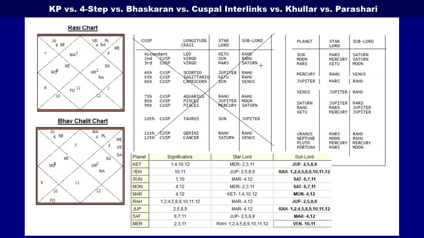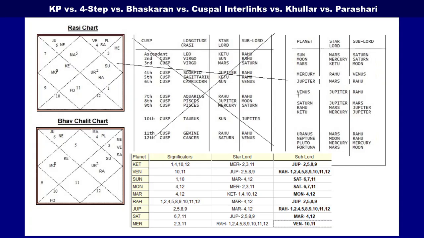In many cases where I have seen that the birth time might be inaccurate by maybe 30 minutes or 40 minutes, I don't even bother to create a cusp chart. The Rashi chart with the planets alone is sufficient, and you can create a list of significators based on the Rashi chart and try doing it in your own chart.